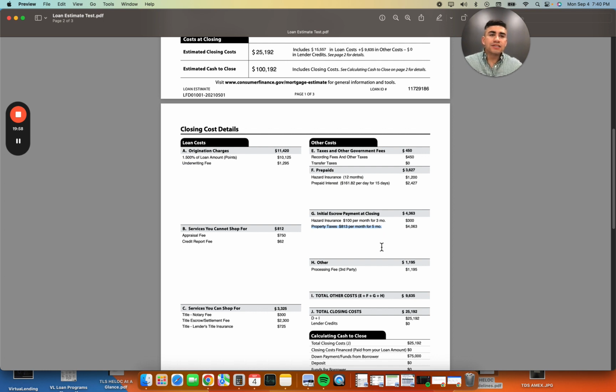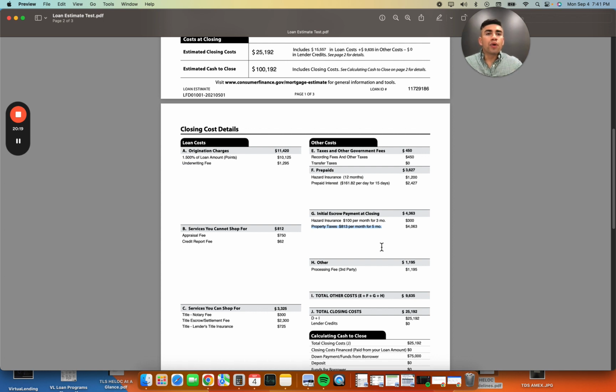And again, it depends on when you close escrow as to how many months of property taxes the lender is going to need to collect, right? So in this case, if we're closing in September, guys, the lender is going to collect 5 months of property taxes up front for your escrow account.